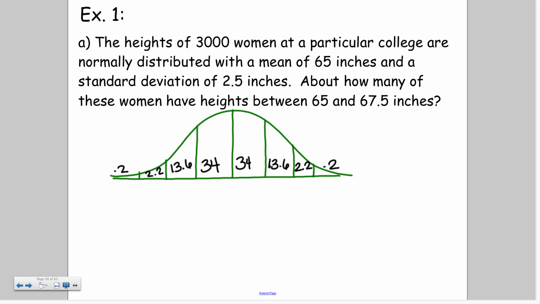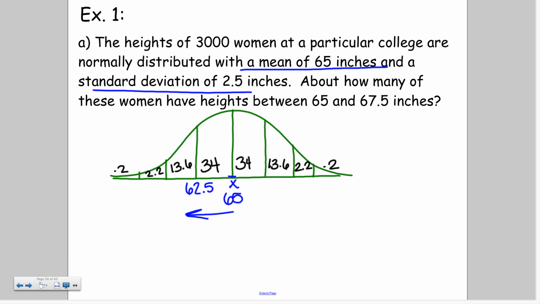Okay? My mean is always going to be my middle line, which is right here. Well, if I read in here, it says I have a mean of 65 inches. So 65 is going to be here. All right? Well, my standard deviation is 2.5. They've already figured it out for you. You did not have to figure that out. So in order to know the other bars, if I'm going down, I'm going to subtract 2.5 from 65 for this next one. That's going to give me 62.5.